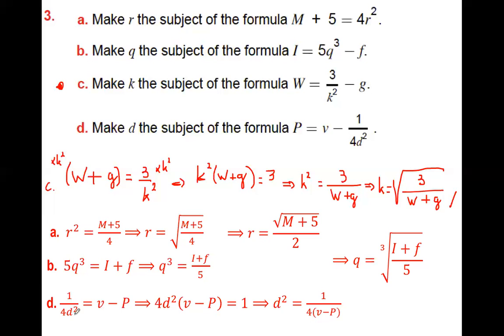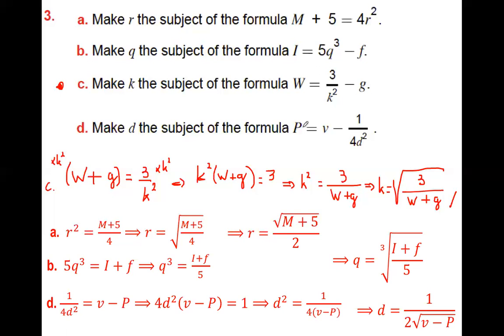Then timesing by 4d squared both sides, I've got 4d squared times v minus p equals 1. Then you divide by v minus p and by 4, which gives me d squared equals 1 divided by 4 times v minus p, and then you take the square root, remembering that square root of 4 is 2, then you just get at the end 1 over 2 root v minus p.